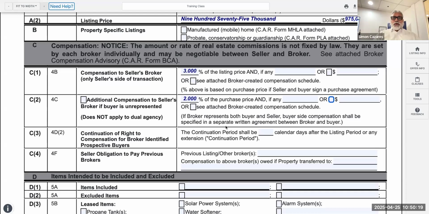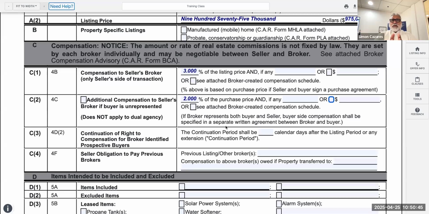So by putting a stipulation on the listing agreement that says to the seller, hey, if they're not being represented, we're not going to consider their offer, well, I think it does no justice to the initial process.